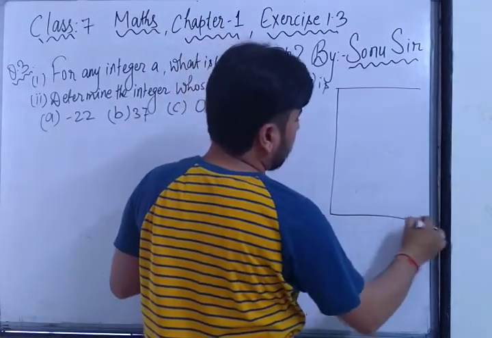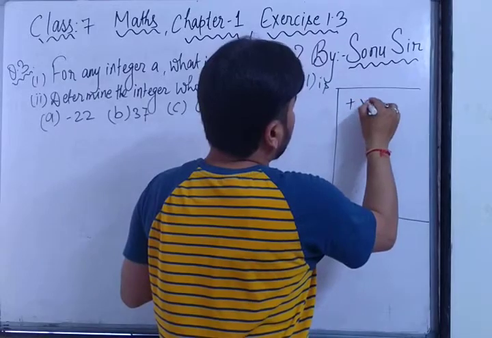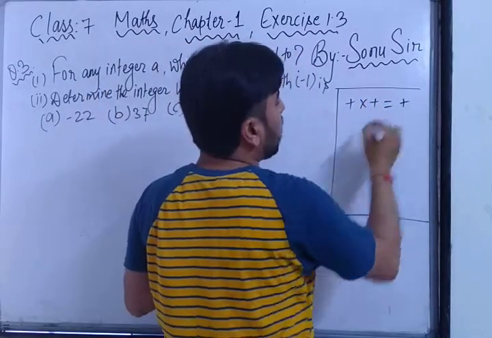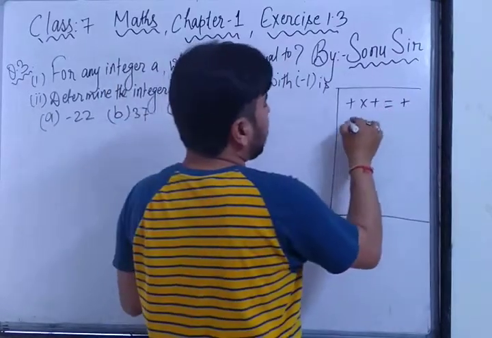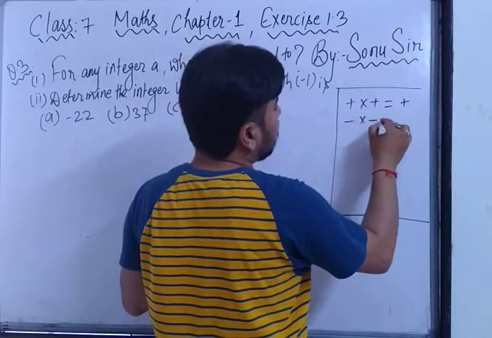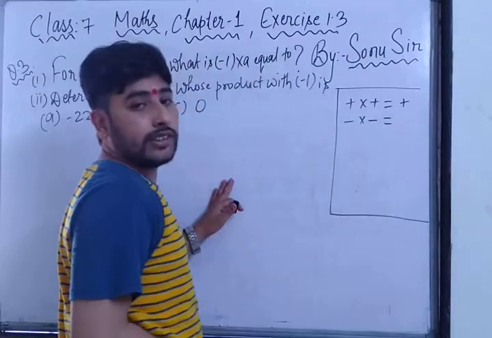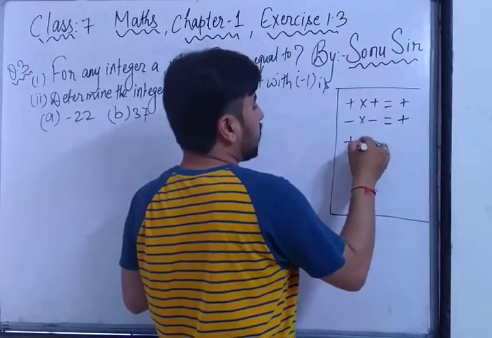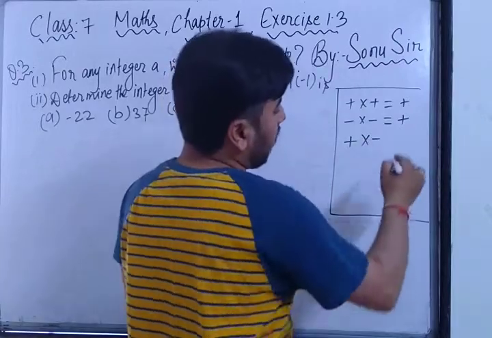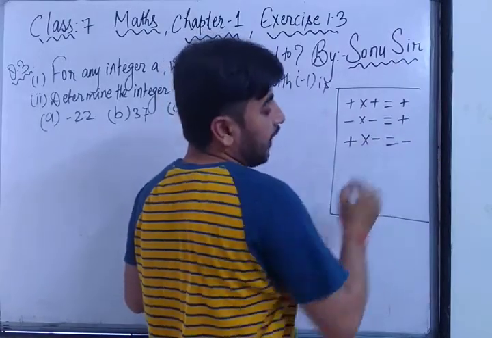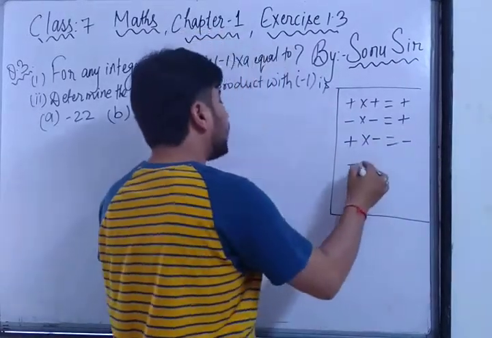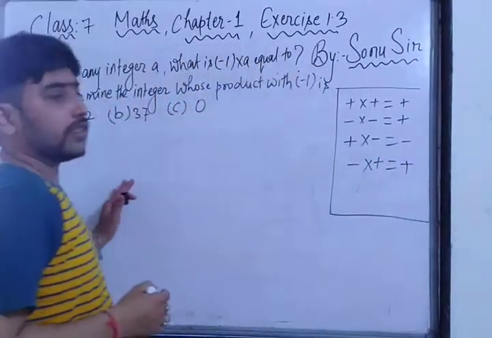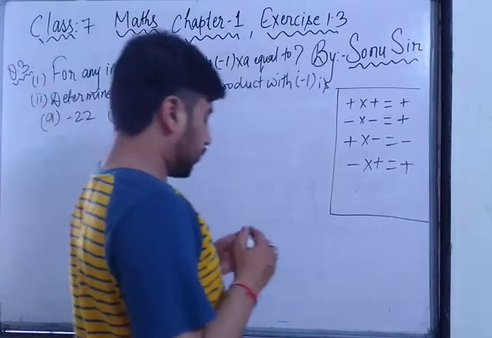When a positive integer is multiplied with a positive integer, the result will always be positive. When a negative integer is multiplied with another negative integer, the result will be positive. When a positive integer is multiplied with a negative integer, the result will be negative. And when a negative integer is multiplied with a positive integer, the result will be negative. Right? So let's start question number 1.